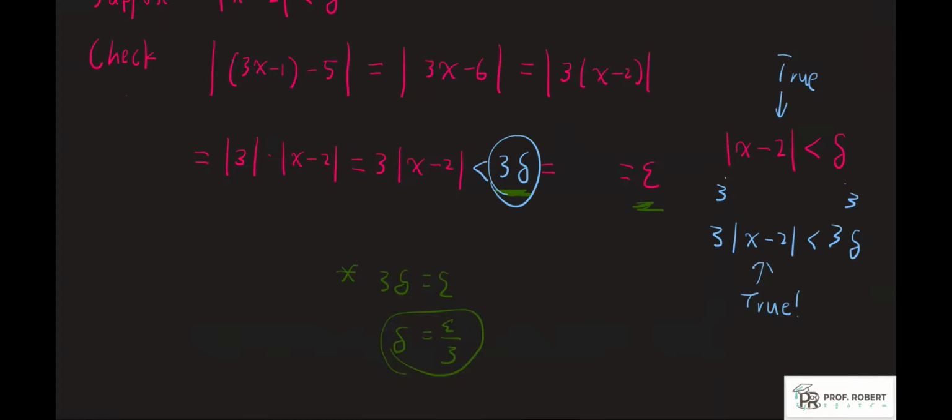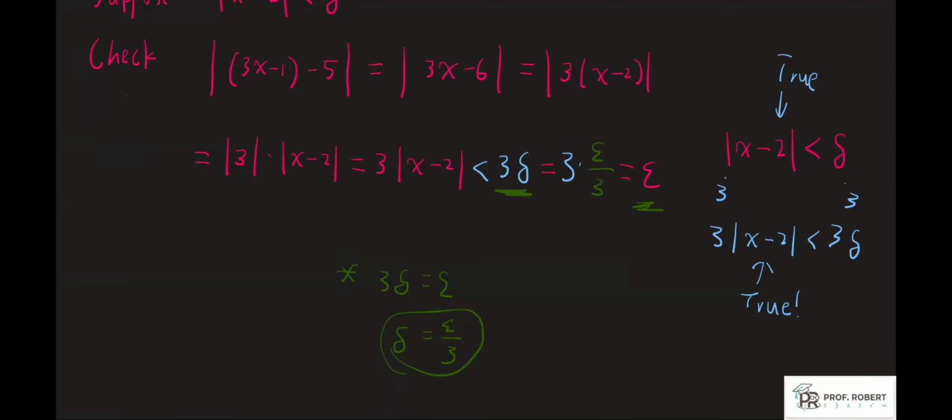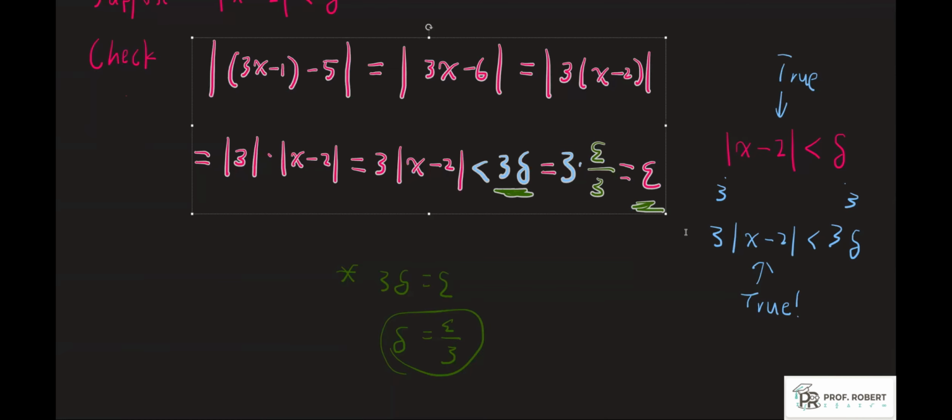The 3 delta here becomes 3 times epsilon over 3. Well, in that case, 3 times epsilon over 3 is epsilon. And there you go. It works because when I have delta being equal to epsilon over 3, this whole thing is now true.